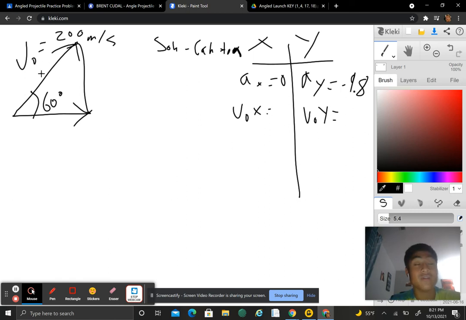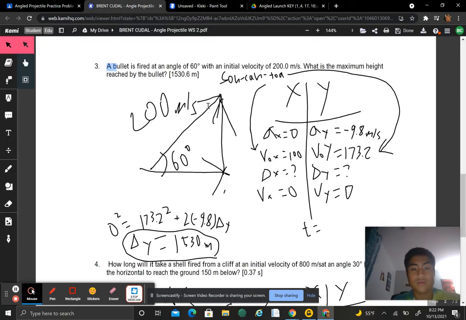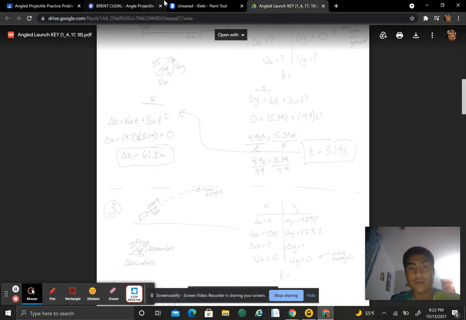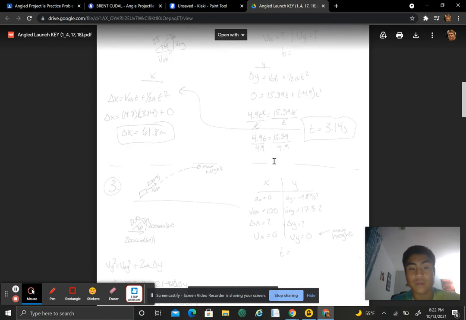Since we have the hypotenuse and the degree, we can use sine. Sorry, I don't know why I was having a stroke there. Sine. So sine of 60 equals opposite, which we'll use as x right here, over our hypotenuse, which is 200. And you should get x equals 173.2.